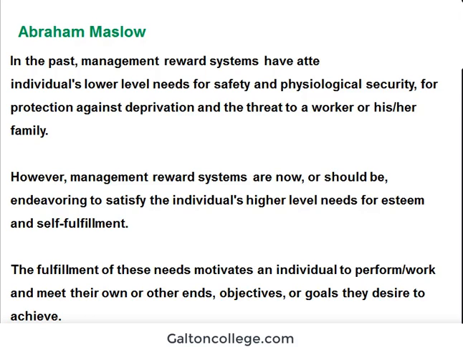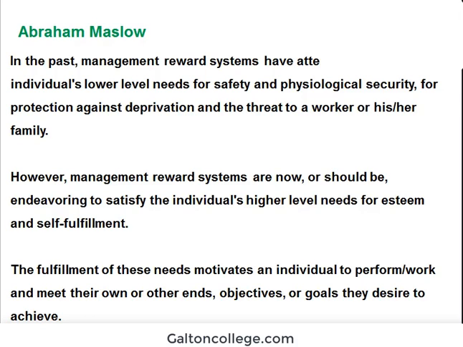Now, in many societies and in many industries, in fact, people are looking for higher order needs to be fulfilled. Not just the wage, but a good working environment, respect in the workplace, and so on.